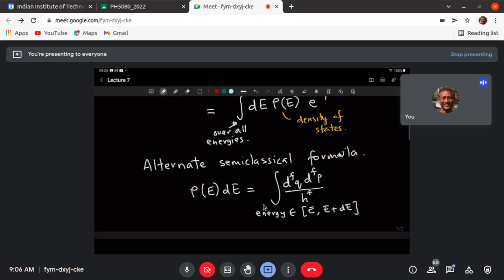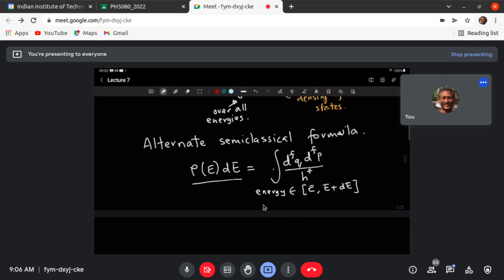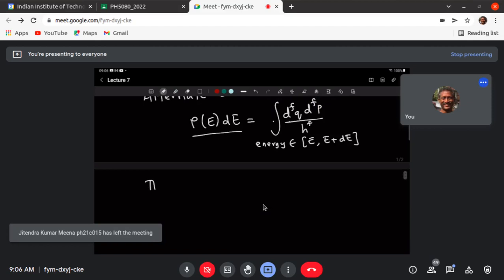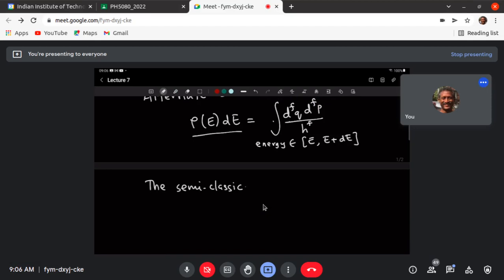Right? So we can actually use this formula and replace rho of E by this integral. So the semi-classical canonical partition function.